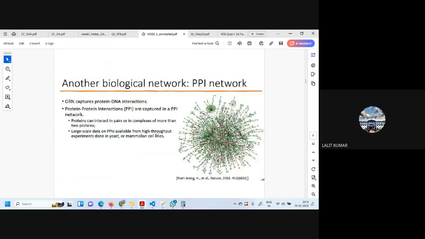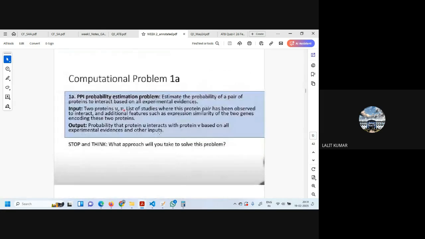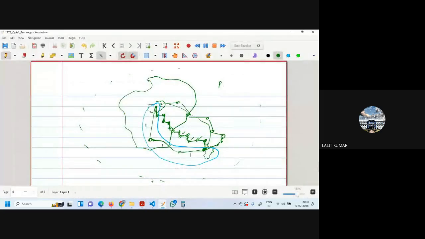We know the protein interactions from previous experiments. If this protein and this protein have historically, for example, 0.6, this has 0.2, this has 0.3, and this 0.4, and it reaches here, this is the input and this is the output. And there is another path, 0.4 and 0.2.